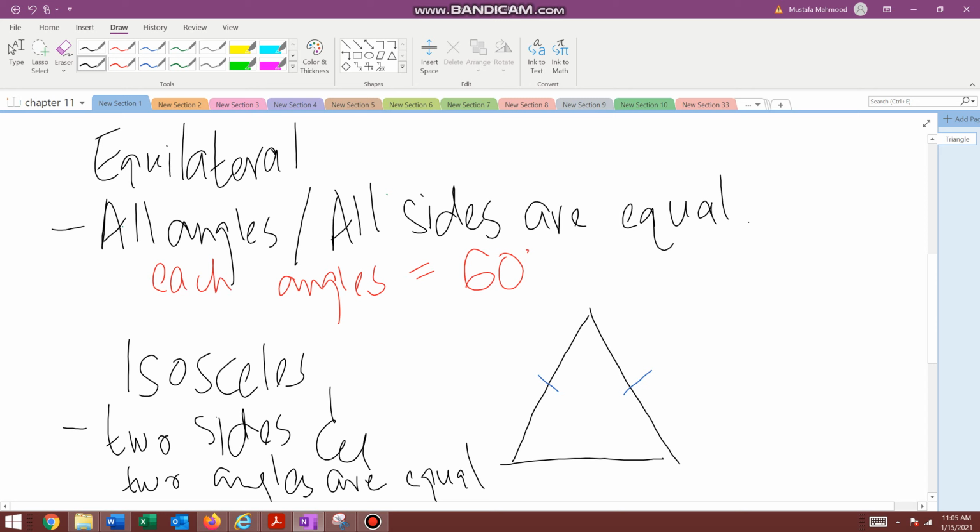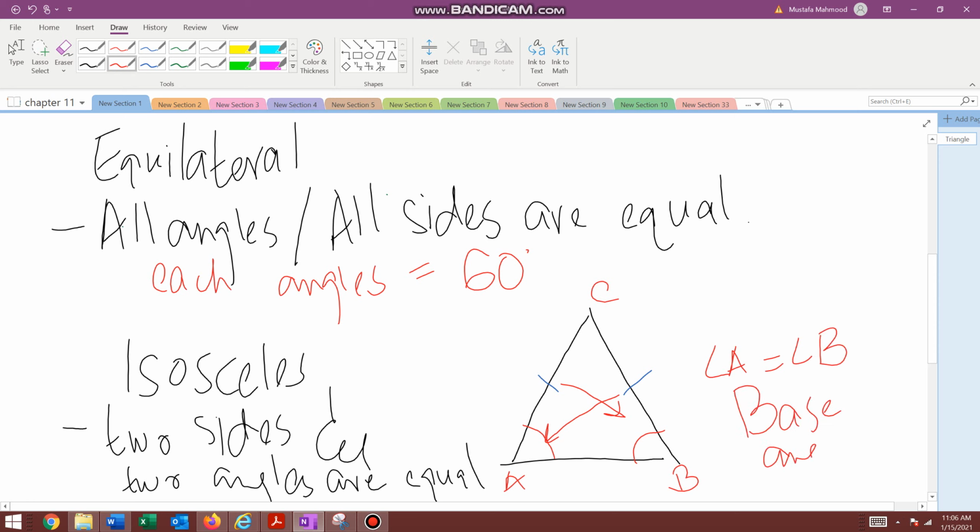The ones that are opposite to the equal sides, and those angles are called base angles. So, this angle is opposite to this one, and this angle is opposite to this one. Let's suppose I name it A, B, C. So, over here, angle A and angle B are equal, and they're called the base angles.